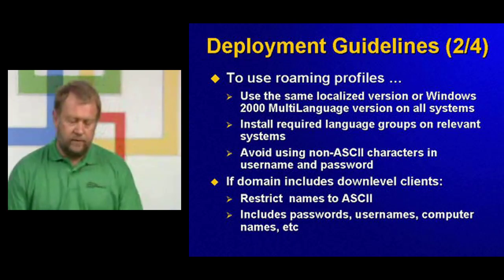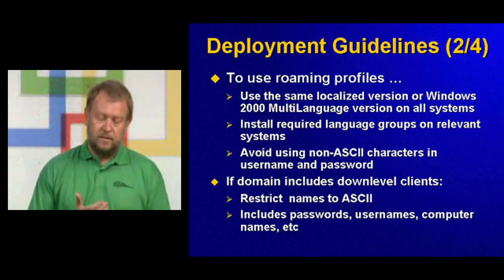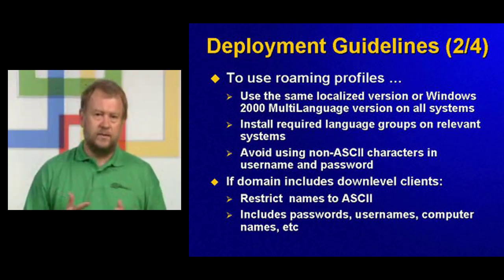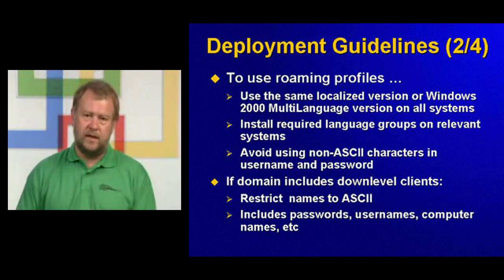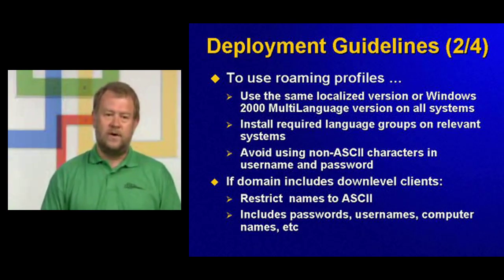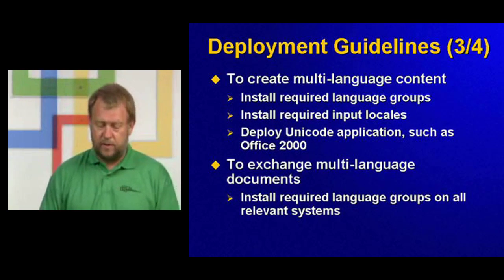If you're using down-level clients, make sure that you restrict the names to ASCII, the computer names, file names, and that sort of thing on your domain, so that people on the Windows 95 and Windows 98 clients will be able to see the file names, computer names, printer names, and so on.